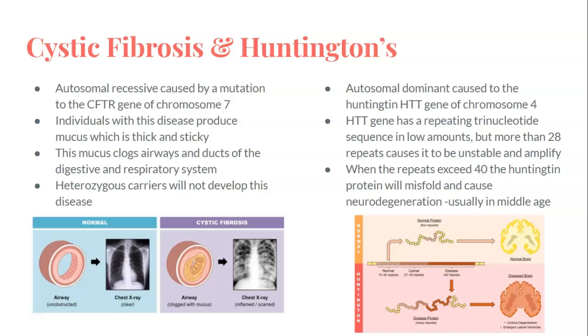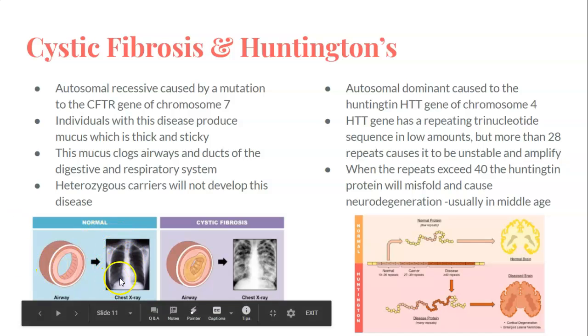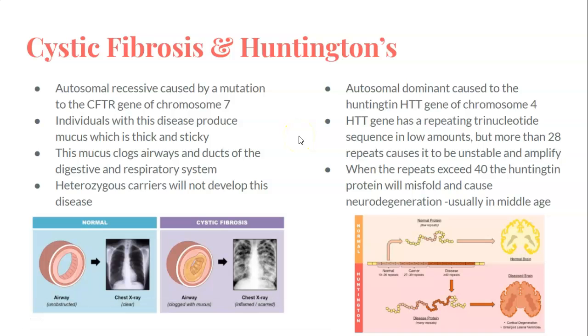You can see in the pictures here, you have a clear lung pathway, right? Because you do not have this thick and sticky mucus, whereas if you have cystic fibrosis, you can see this mucus and it's causing a lot of scarring in this chest x-ray. If you are heterozygous for cystic fibrosis, you will not develop this disease.